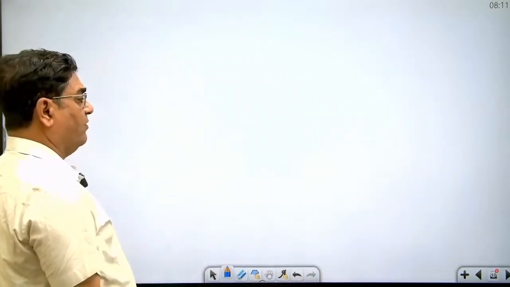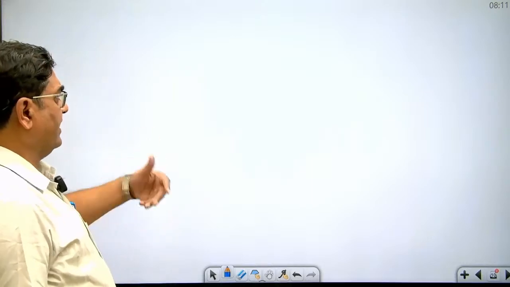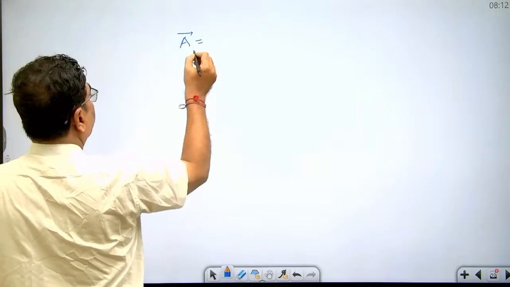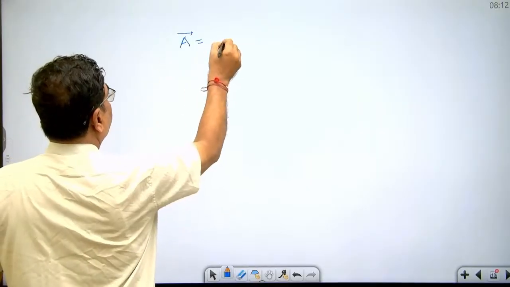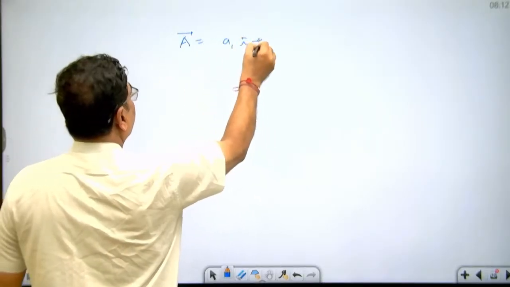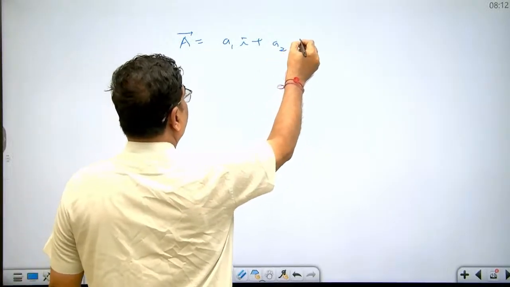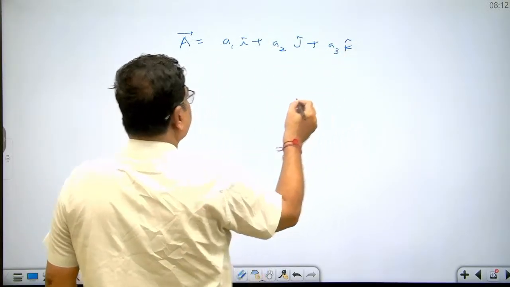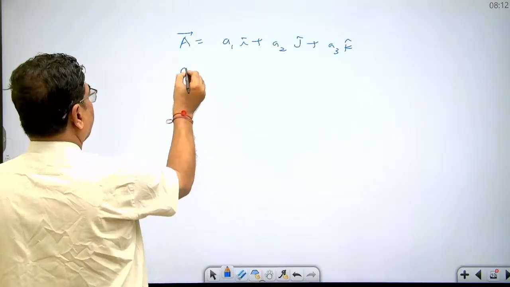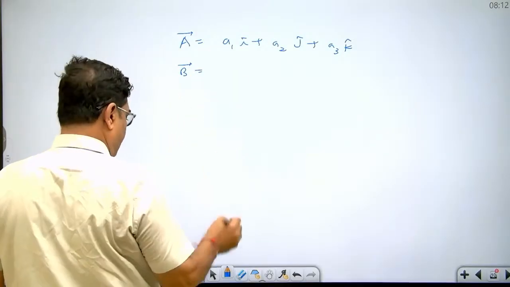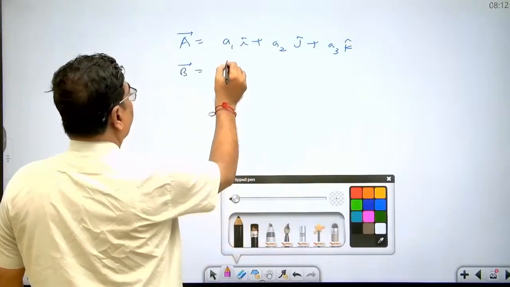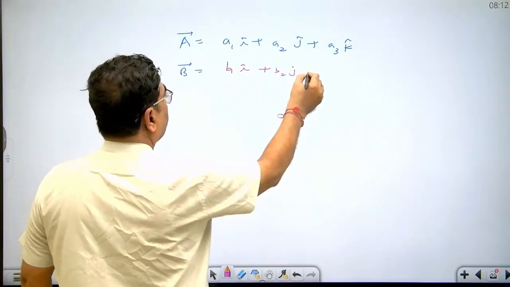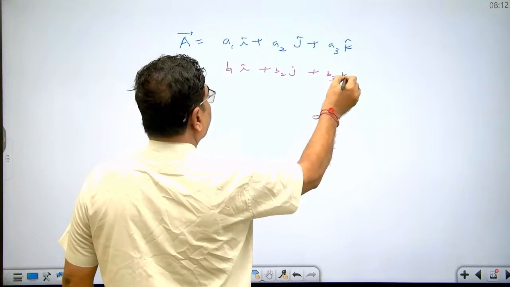Later on when we will be studying unit vector, I am writing here one thing, because this type of problem you will be seeing in the lectures. If a vector is written like this, a1 i cap, this we will study a little later, plus a2 j cap plus a3 k cap, where i cap, j cap and k cap are unit vectors in x, y and z direction, and b vector equal to b1 i cap plus b2 j cap plus b3 k cap.